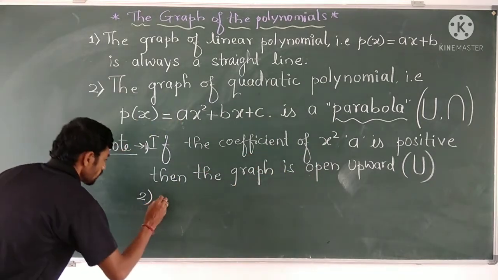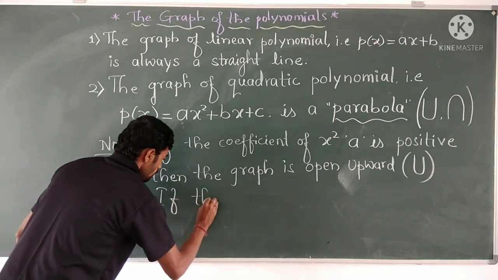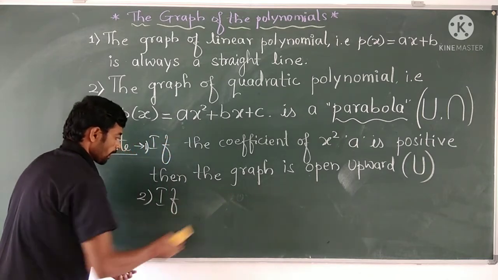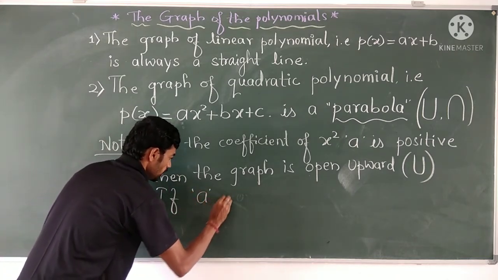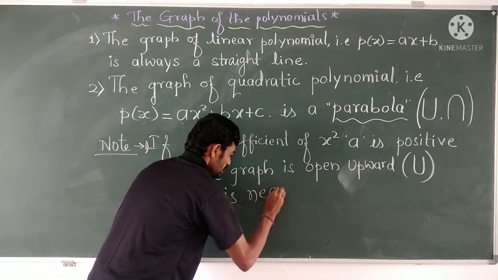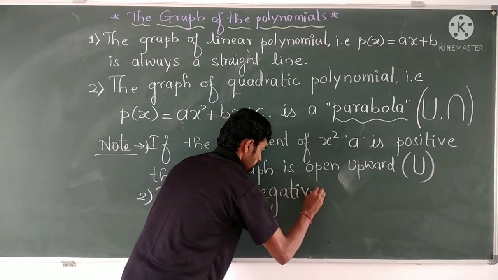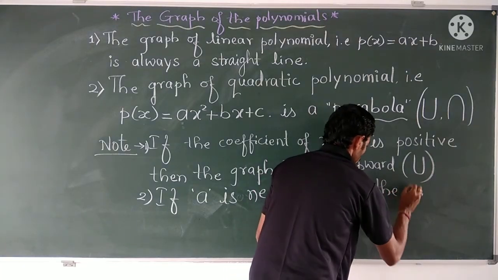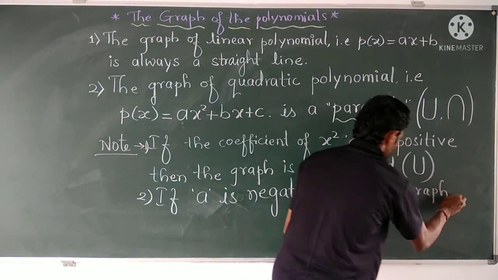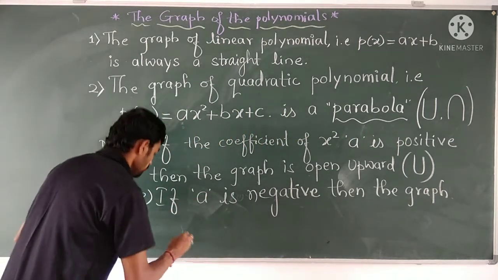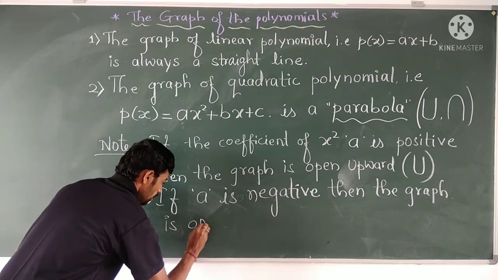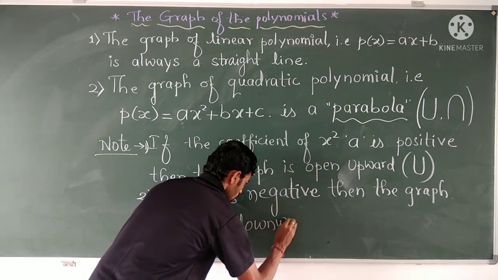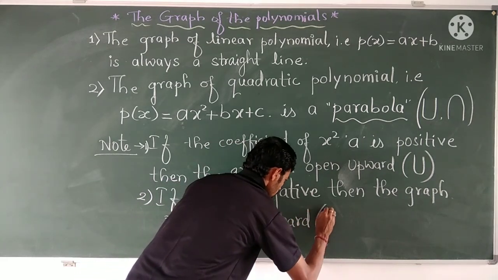So if a is negative, then the graph of the given polynomial is open downward, like this.